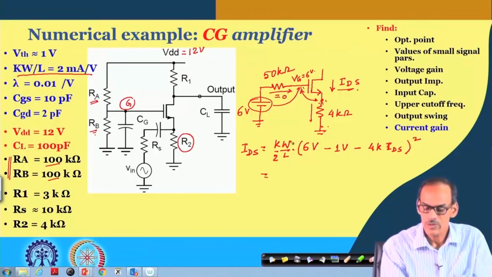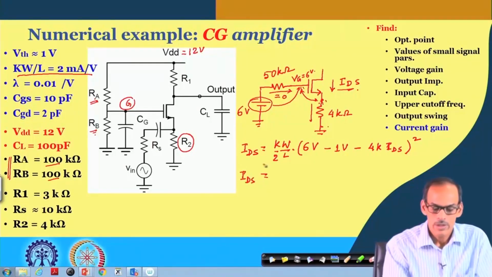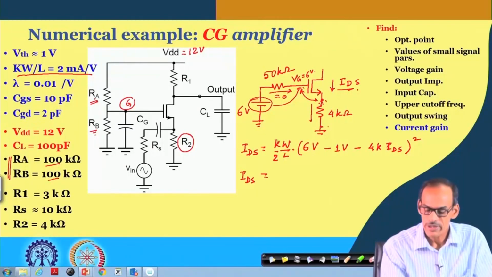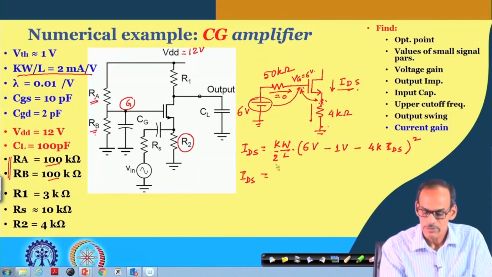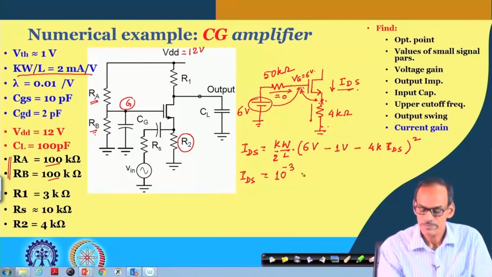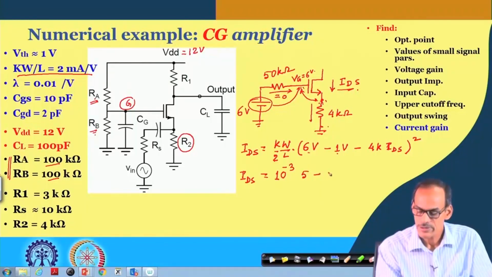So, here we do have IDS equals to 1. So, this part is 2 milliampere divided by 2. So, that is 10 to the power minus 3 into this is 5 volt, 5 minus 4 K into IDS square.